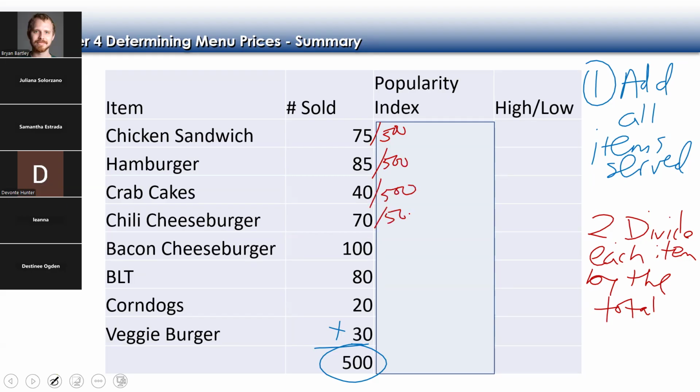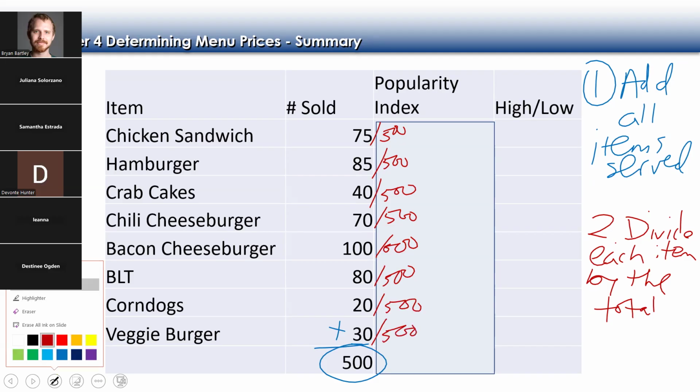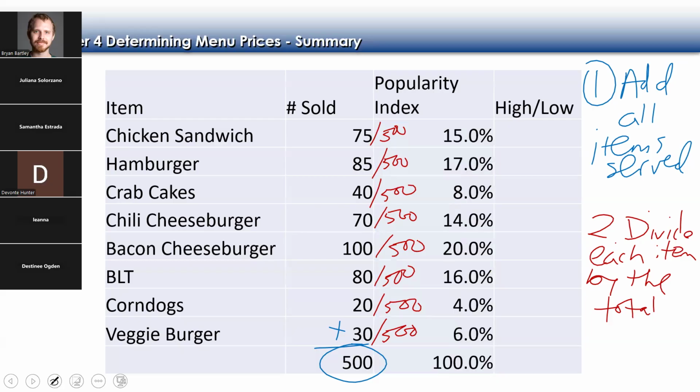Take each individual one and divide by that total. If I were you, as you're taking notes, I would go ahead and write this out because otherwise you're going to lose the information. You have to come back and watch the video. So write divided by 500. That way you know where we got these numbers from. Okay. So when we do that, these are our percentages.